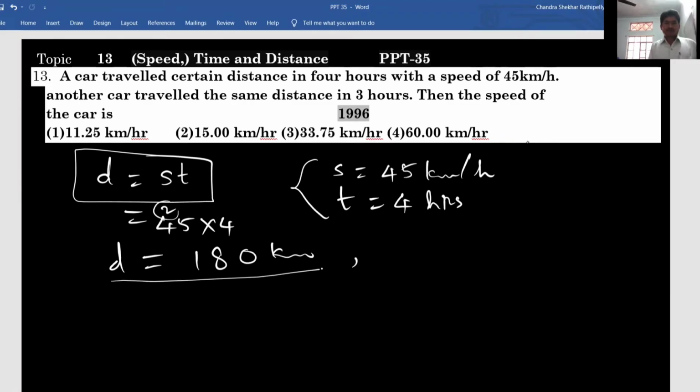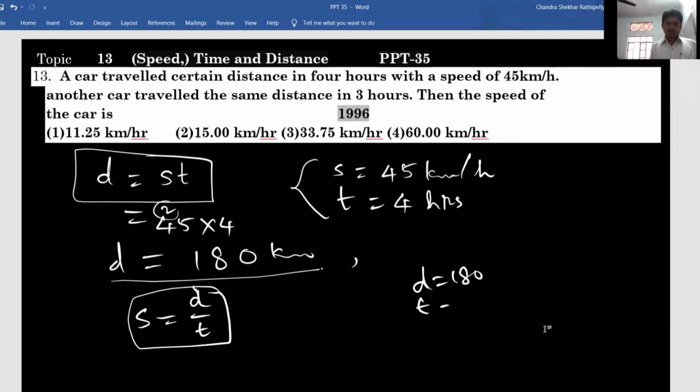Now we have to find the speed of the other car. S is equal to D by T. The distance we already got is 180, and the time of the other car is 3 hours.